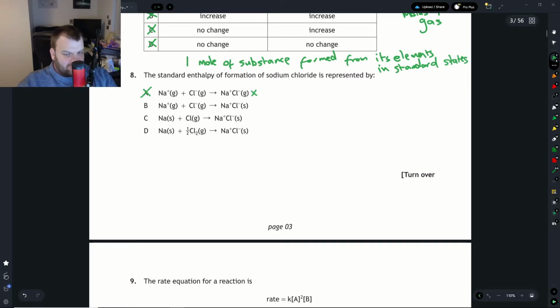I'm going to rule out that one there. We've then got ions for our sodium and our chlorine. That's not their standard state. In C, we've got Cl. Chlorine would come as a diatomic molecule, so it would be Cl2. We only need half of it because we do just want 1 chlorine. That makes D our correct answer for question number 8.